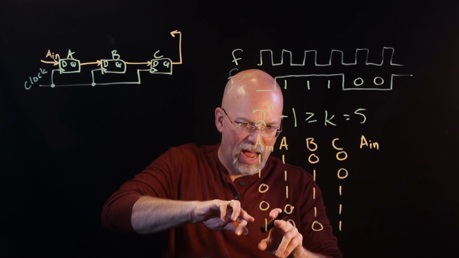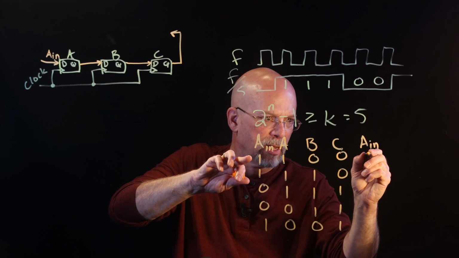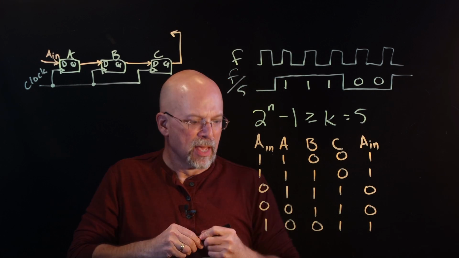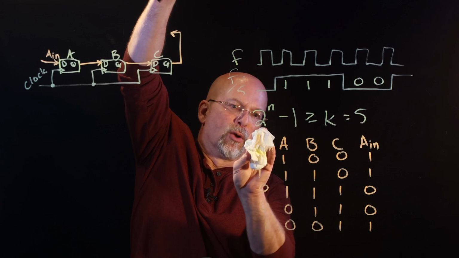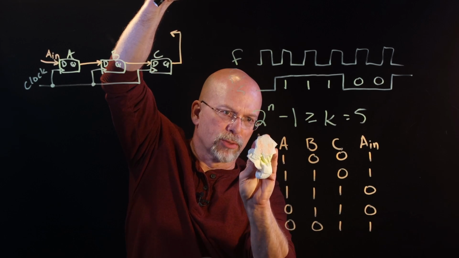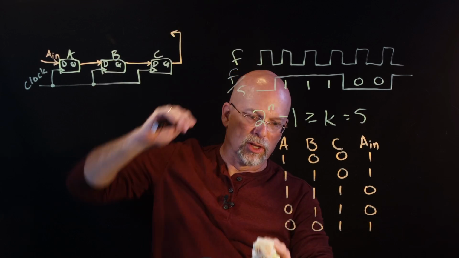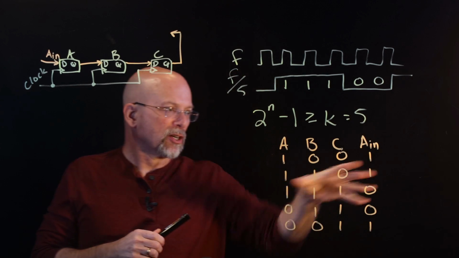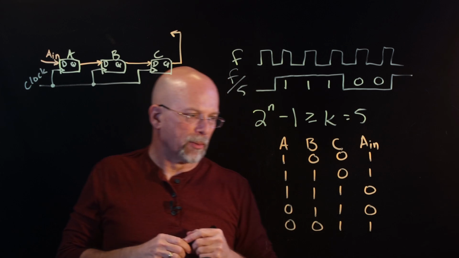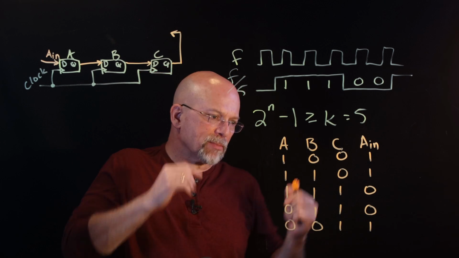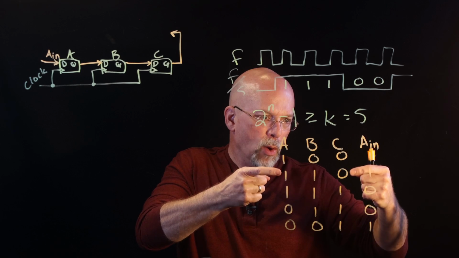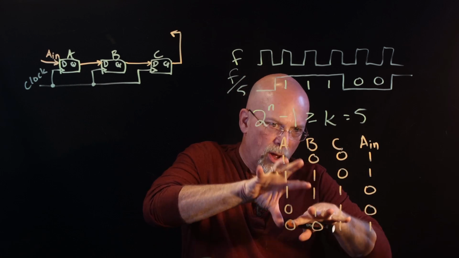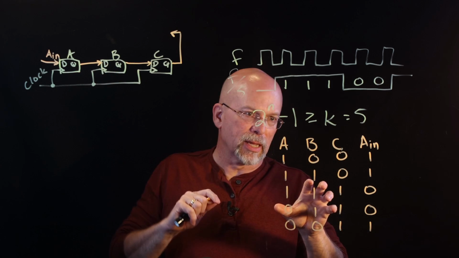So I'm just simply going to copy this column over here: 1, 1, 0, 0, 1. And in fact, I can just go ahead and erase this column because I just put it on the left side so that you could see it was driving A. So can we come up with a function that describes this truth table? Now, before we do, what we have to do is make sure that there is no point at which we duplicate the rows of the values that are going to be in A, B, and C.